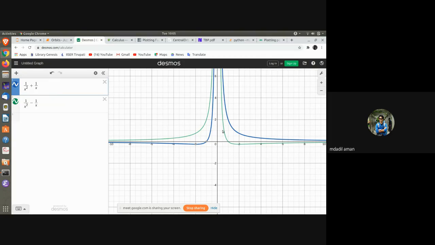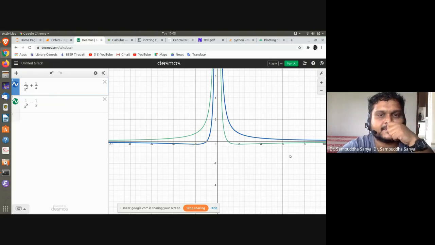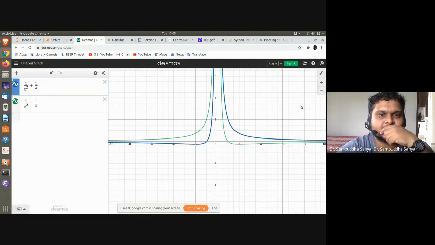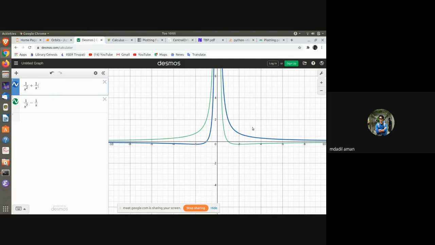If we take the solution of only positive x, since we usually take x as the distance from the origin in polar coordinates, we only take the positive values of x. That's why we can't have an acceptable solution for the repulsive 1 by x potential.